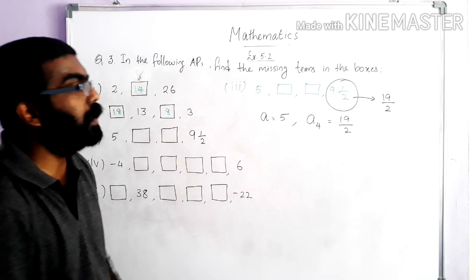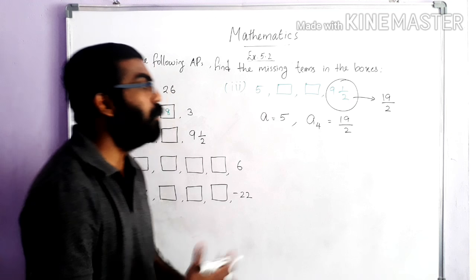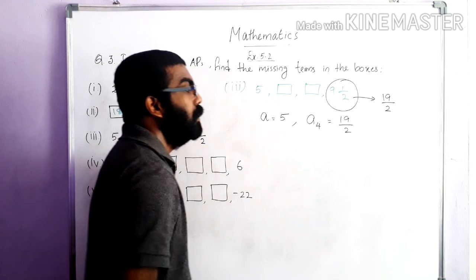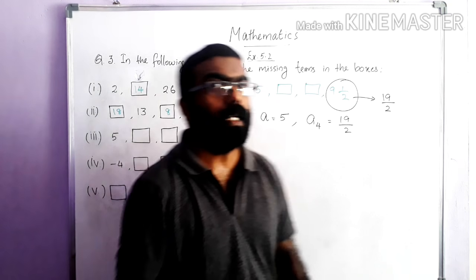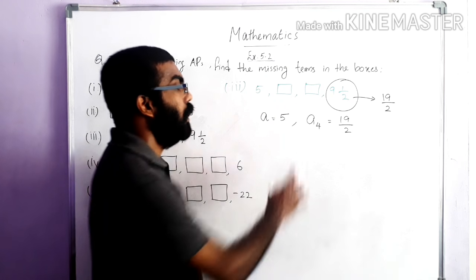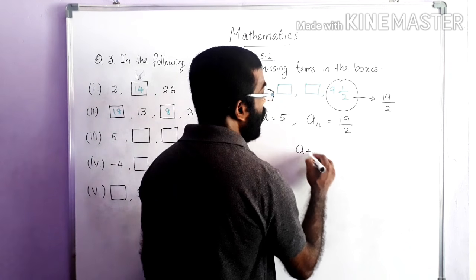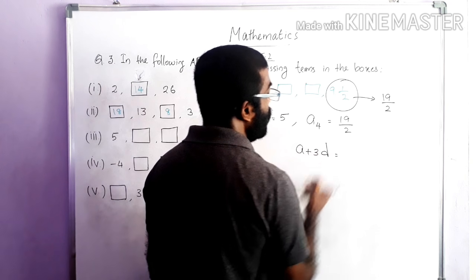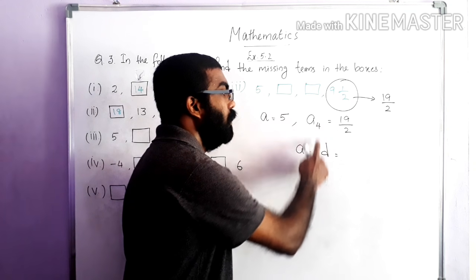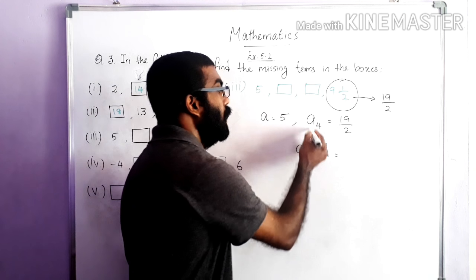Okay, here the previous result doesn't work, so we move to the next method. Generally we say An is equal to A plus (n minus 1) into D. So here A4 can be written as A plus 3D, since the position minus 1, 4 minus 1, n minus 1, becomes A plus 3D.